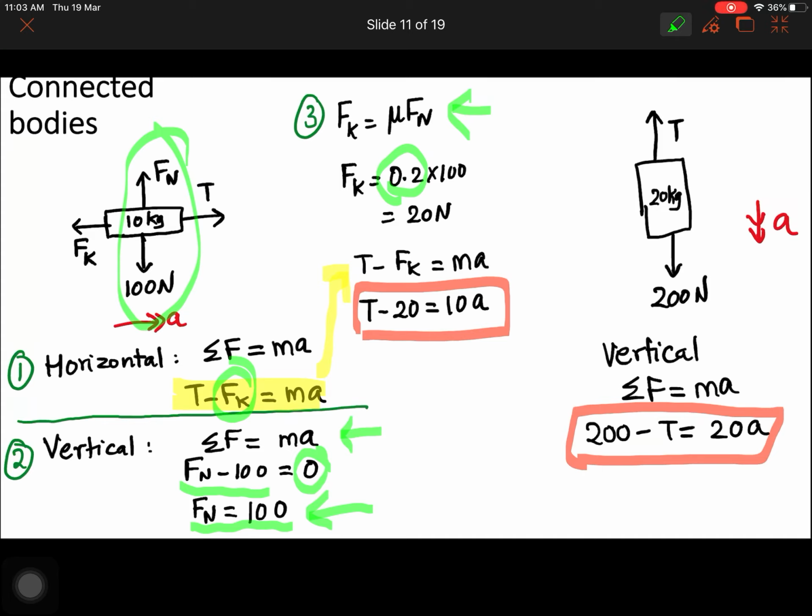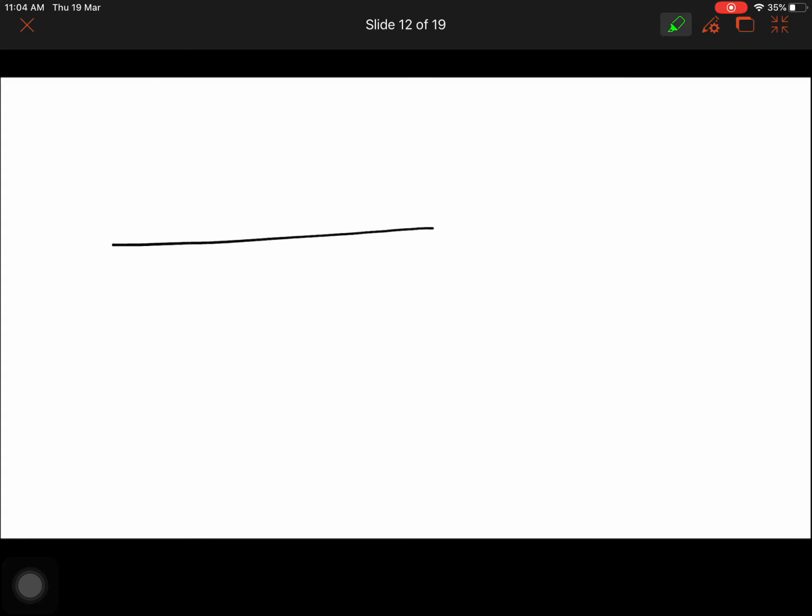Now we have got two equations with two unknowns, that is T, the tension force, and A, the acceleration. And we can solve them to get the value of T and A. So we rewrite the two equations in such a manner that we put them one below the other.